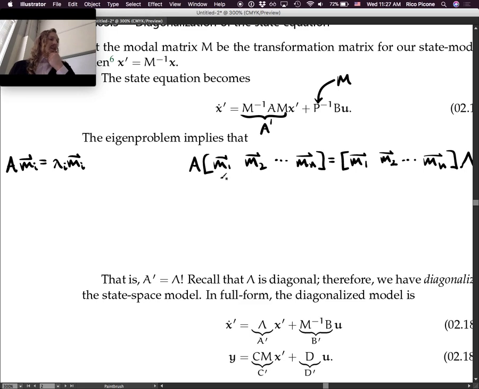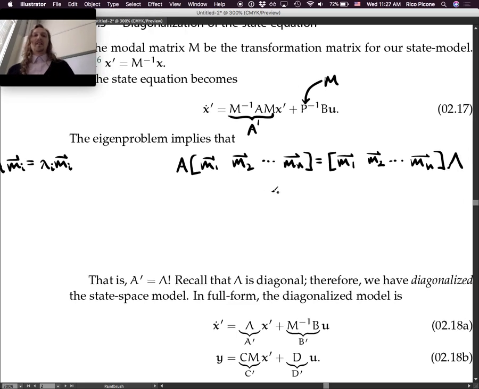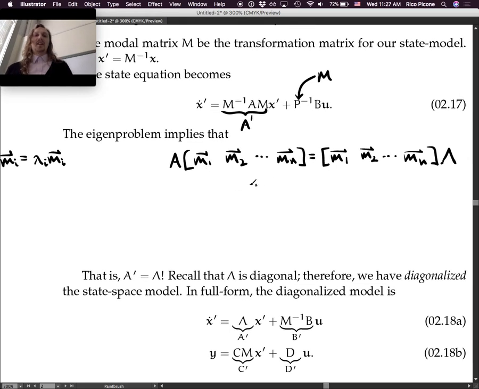Now, this is the same as just saying A times the modal matrix is equal to the modal matrix times lambda, okay? Because we're just saying these big M1, M2, etc. matrices are just the modal matrices. That's all we did there.